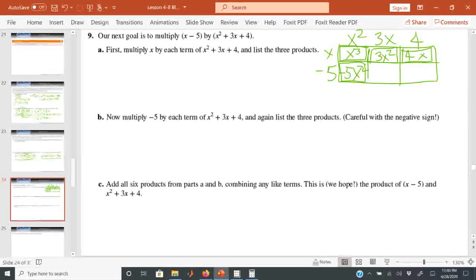And you'll see that's similar to the 3x squared, which is just up and to the left. Negative 5 times 3x gives me negative 15x.